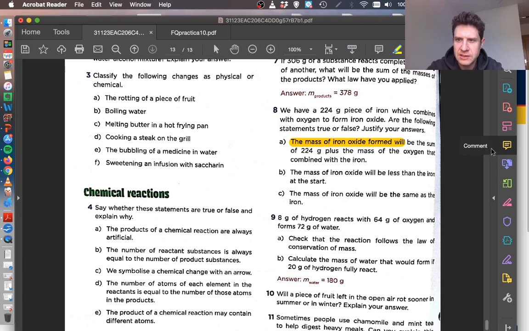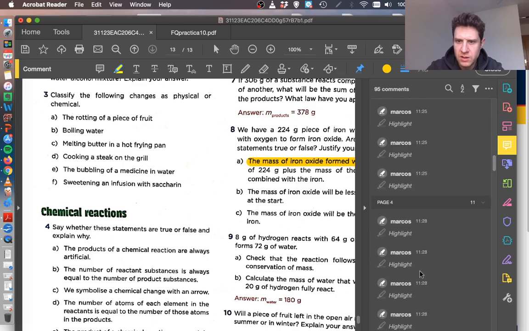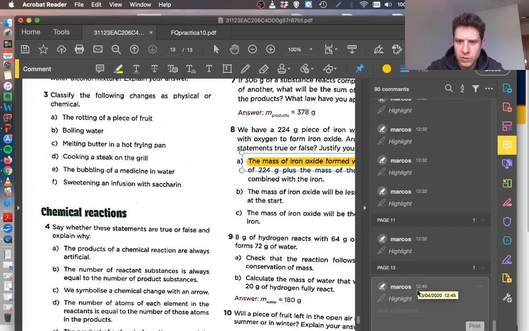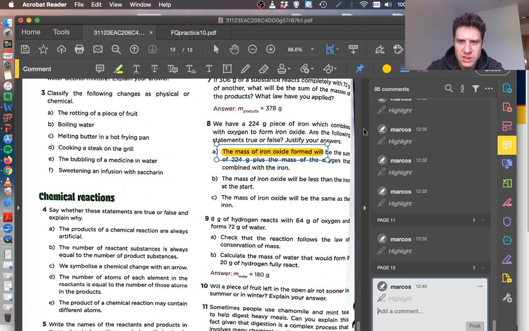You're doing great. Okay, good. So the thing is, we have 224 grams of iron, which combines with oxygen to form iron oxide. Are the following statements true or false?